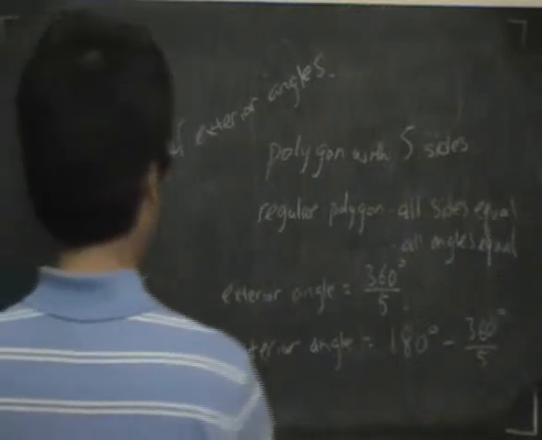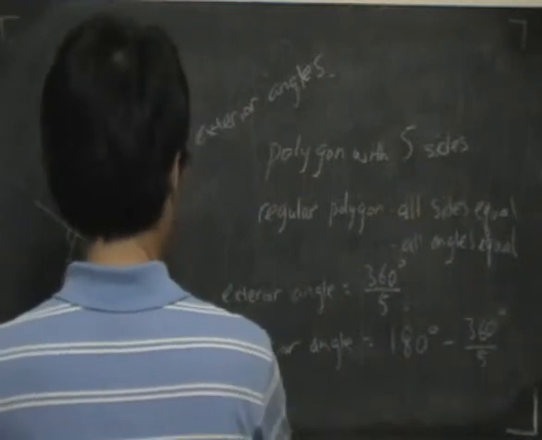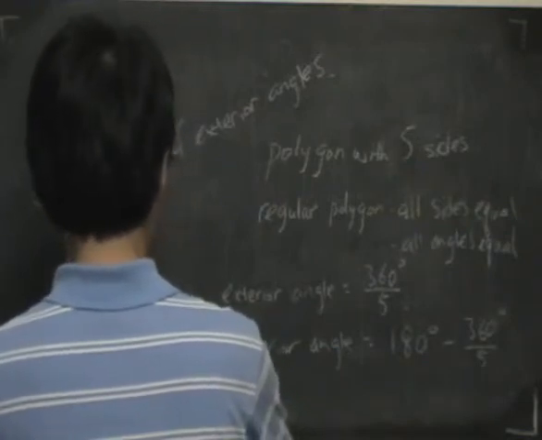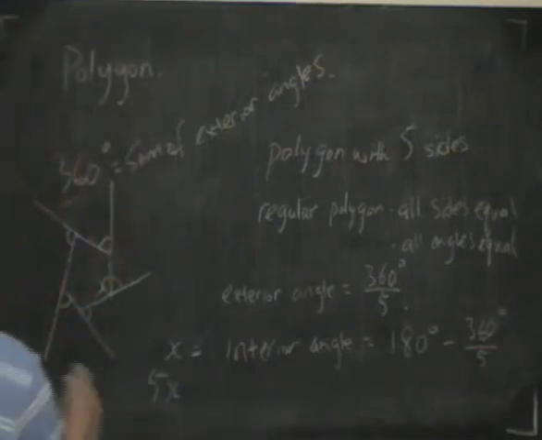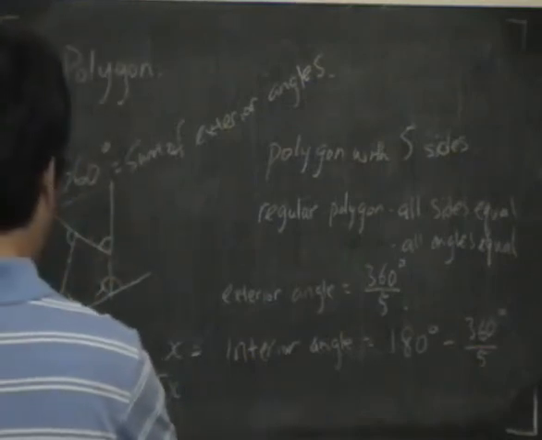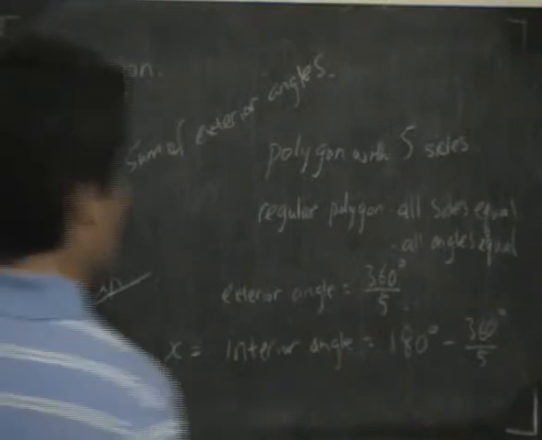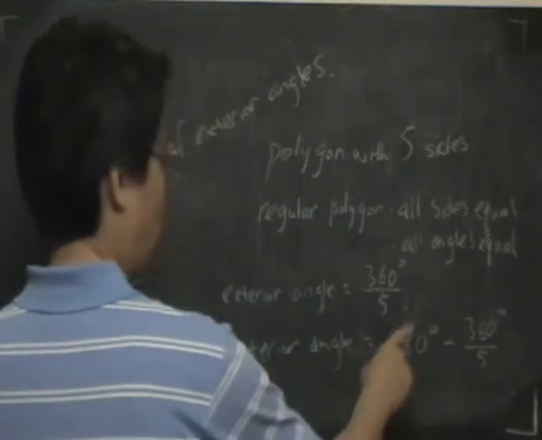So multiply this by 5. So it's just 5x. That's the total angle.